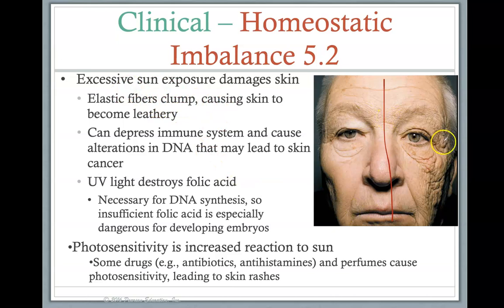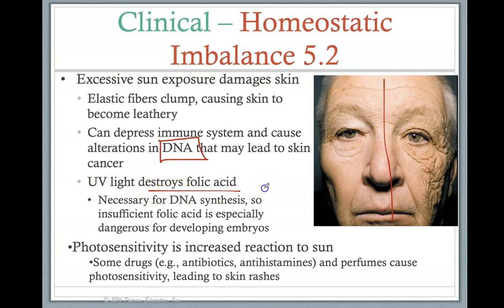But so as you can see here, the elastic fibers, due to excessive sun exposure, actually start to clump, and this causes the skin to have this leathery appearance that you're seeing right here. And then it can also depress the immune system and cause some alterations, obviously, in your DNA that could ultimately lead to skin cancer, because that UV light, again, can damage your DNA. UV light can also destroy folic acid.